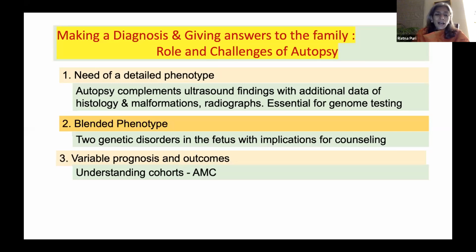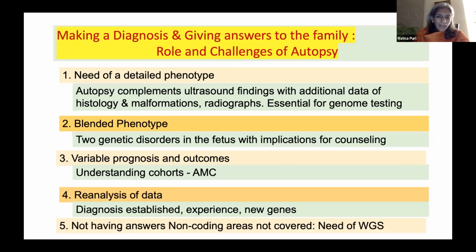And then there are various disorders, and an example that really came to my mind when I was making this presentation is arthrogryposis multiplex congenita, that can have a variable prognosis and outcomes. It could have a very severe and a lethal phenotype, and other phenotypes like distal arthrogryposis or amyoplasia can be really mild.